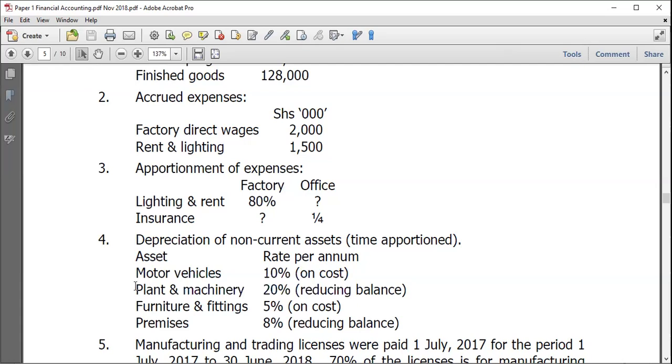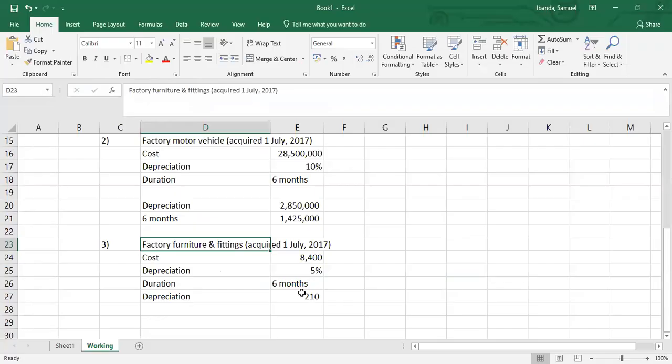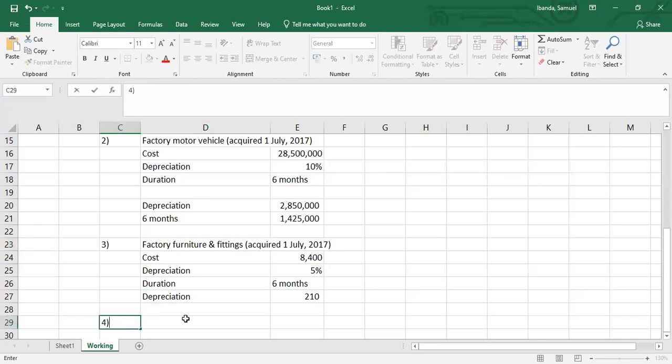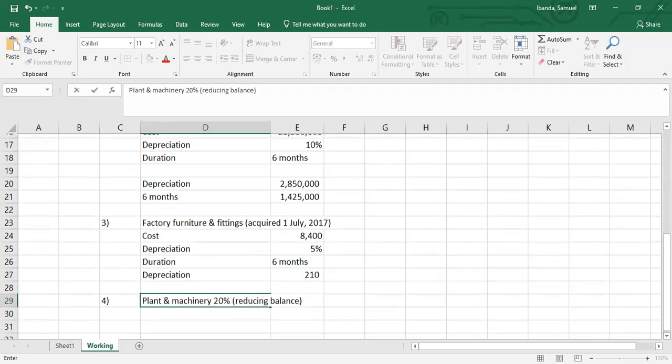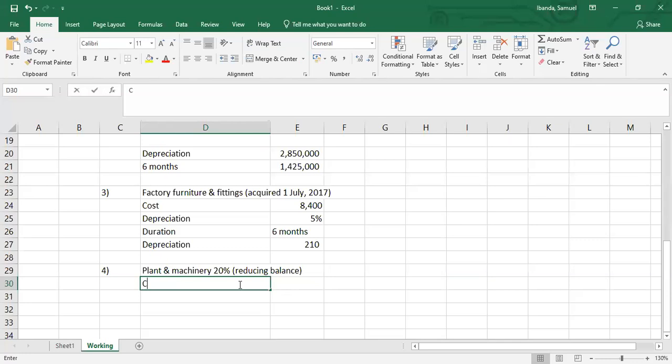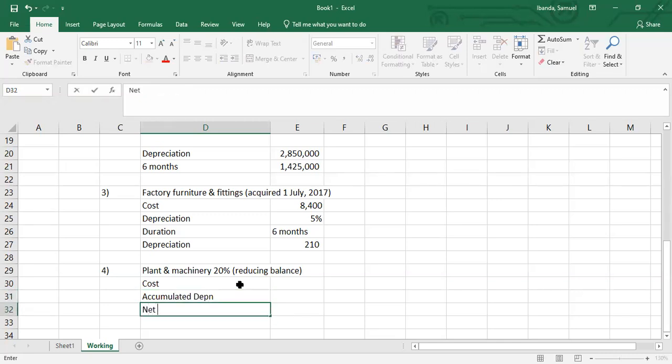So let me do a small working for it. So this is plant and machinery, reducing balance. We have cost, we have accumulated depreciation, which they are calling provision for depreciation, and then I'll get my net book value.